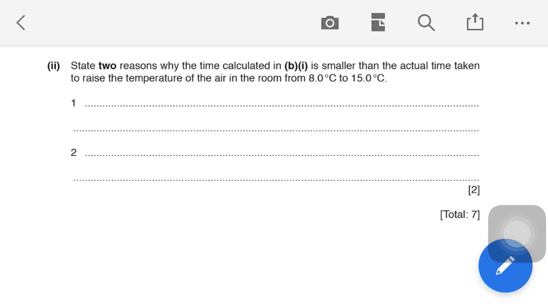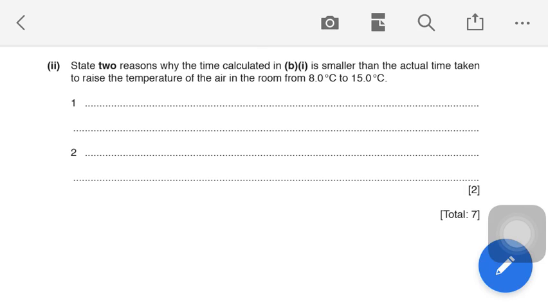because obviously there's going to be heat leaking from the room through different parts. It's going to transfer through the walls, going to go through the windows. So the heat energy will be transferred to the outside environment through the walls, through the windows, through the furniture, etc. That's one thing.